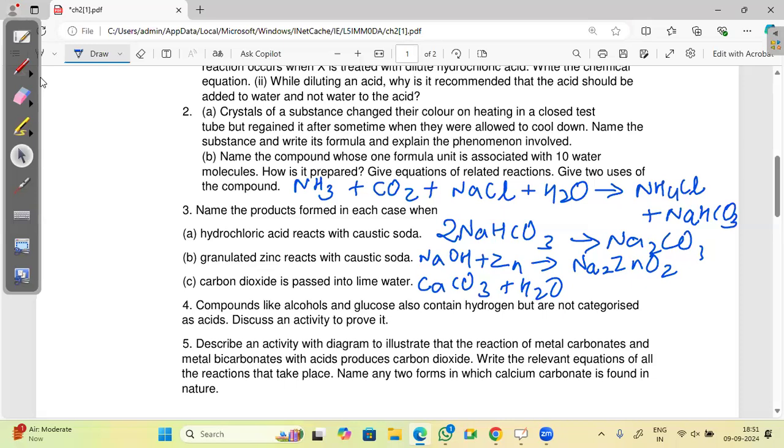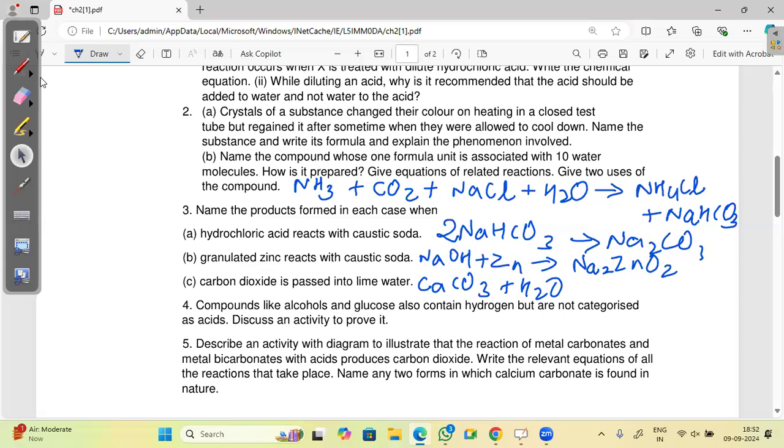Why? Alcohols do not liberate H plus ions; they do not ionize. Alcohols and glucose both do not ionize in water. Glucose is able to dissolve in water, but due to the formation of hydrogen bonds.